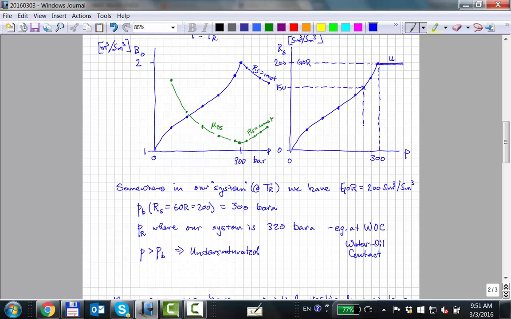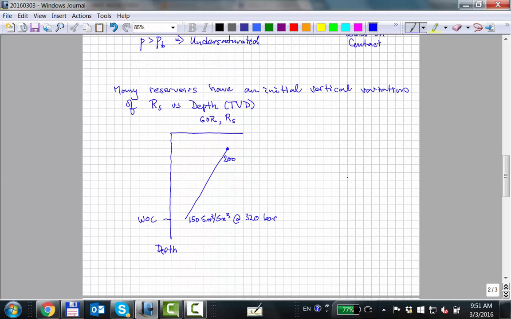So if we go into here, its bubble point is 270. Okay? So the first thing we find is that the bubble point is 270. And we get that from the saturated RS pressure curve, right? That's where we get that.